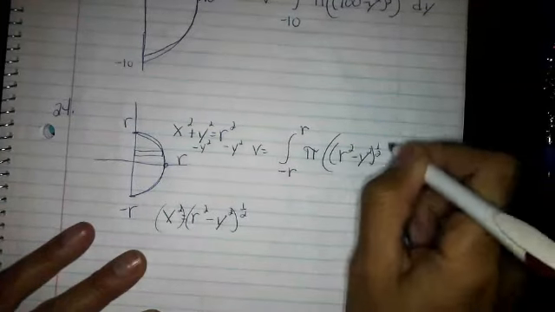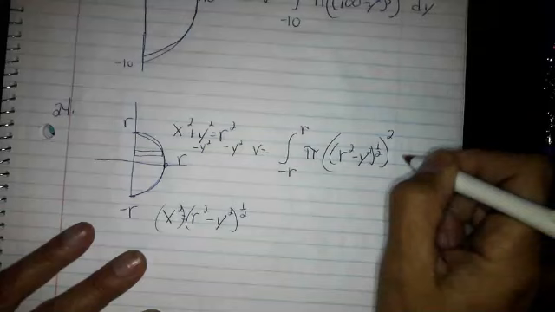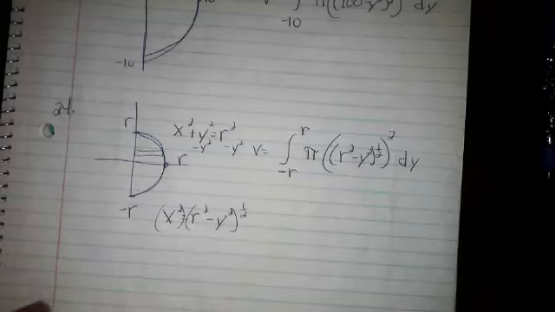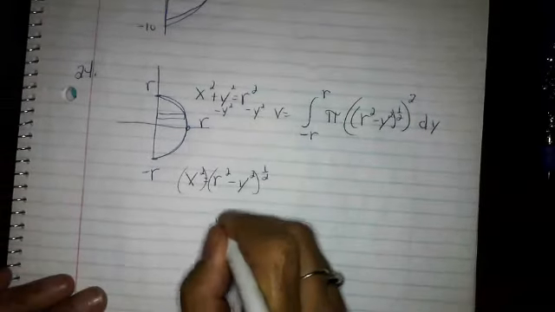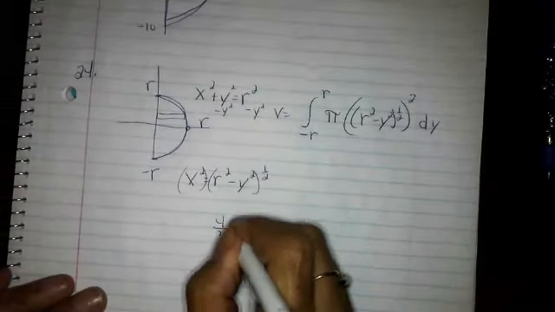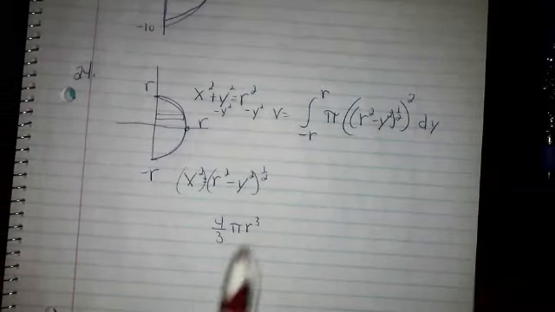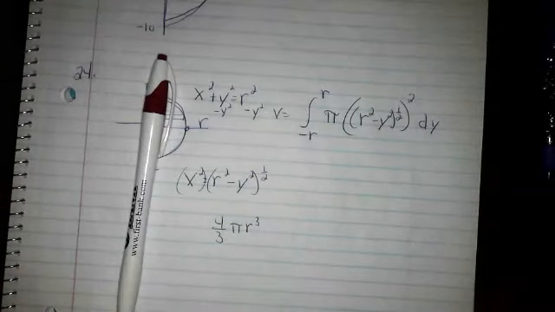And then I've got to square that according to the cylinder formula, dy. And then you finish that up. Your final answer should be the equation for the volume of a sphere, which is 4/3 pi r cubed. So hopefully you get there legally. And that's it.